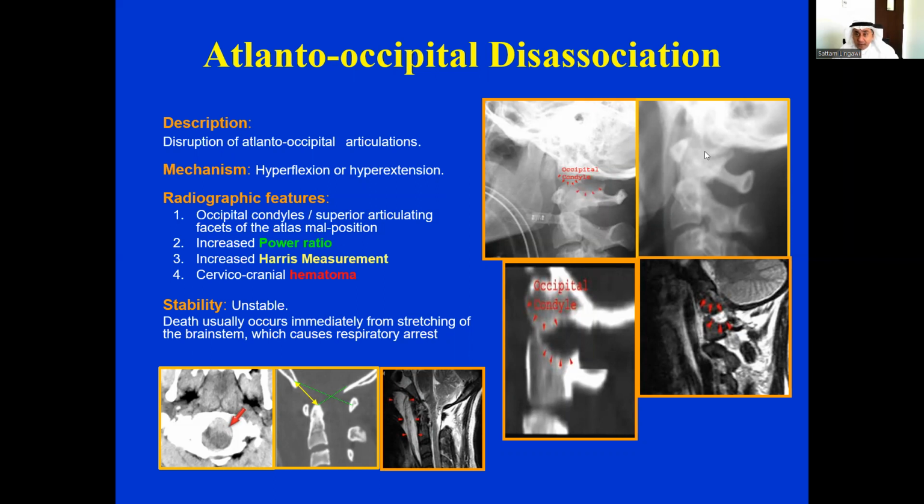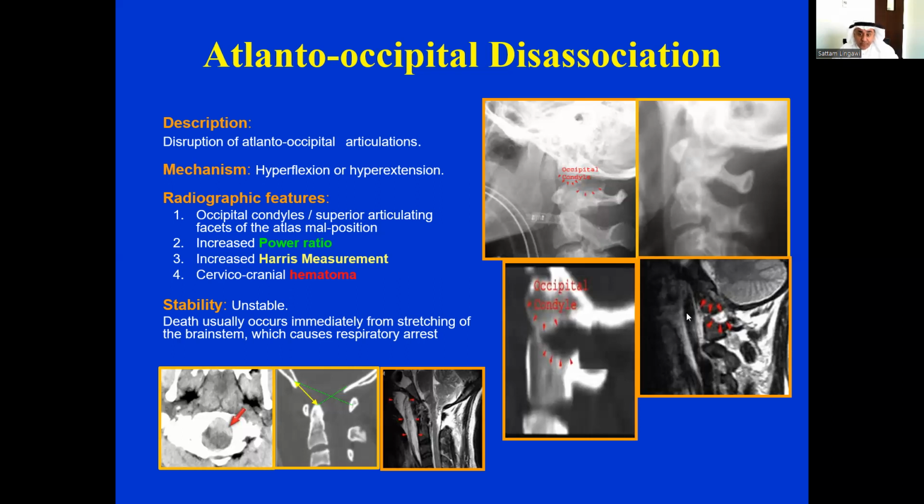The occipital condyle should be resting on top of the lateral mass of C1. Anterior displacement of the occipital condyle, as it is shown in here, and as it's shown here on the CT and clearly shown here on MRI, meaning that the whole cranium has moved anteriorly in relation to the cervical spine. This stretches the brain stem and causes almost immediate death.